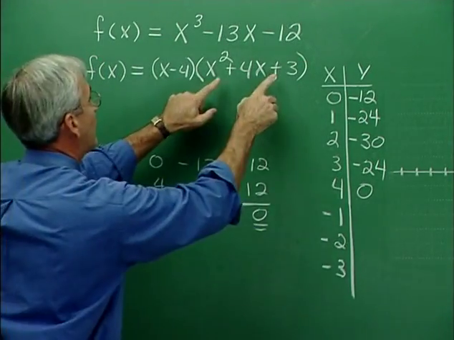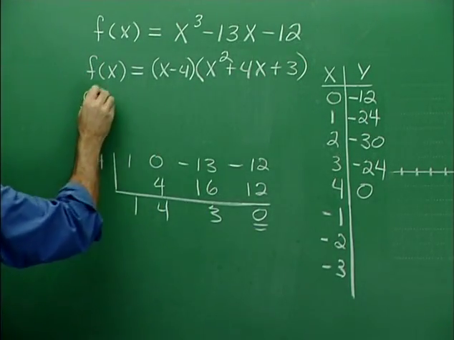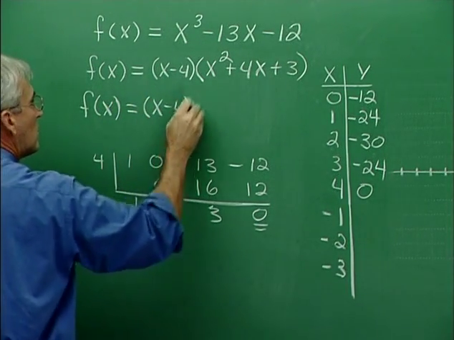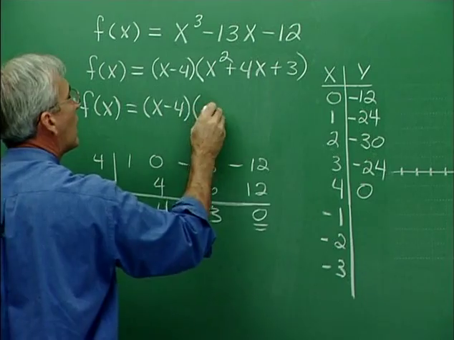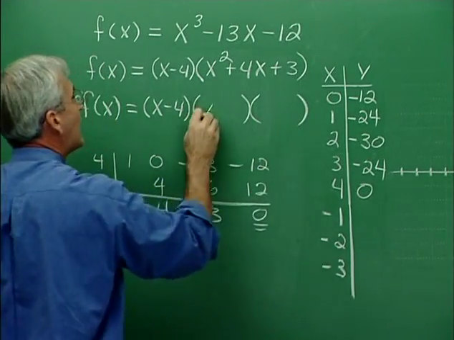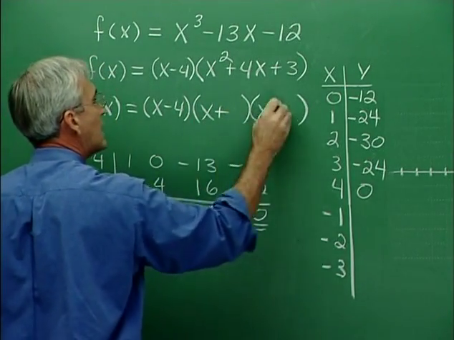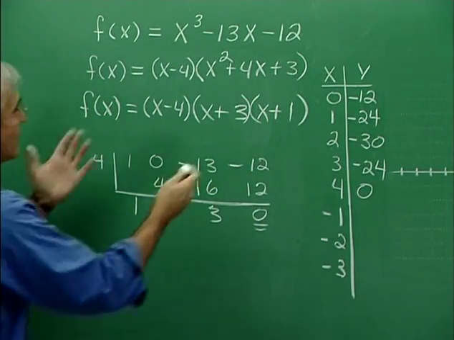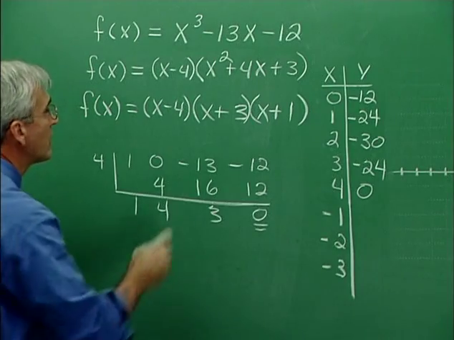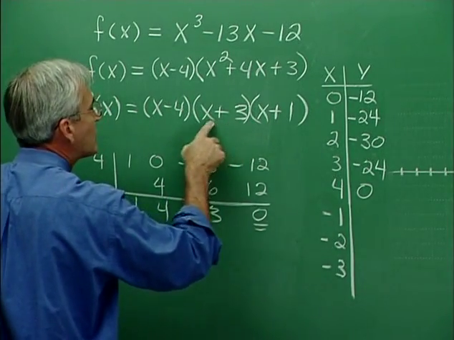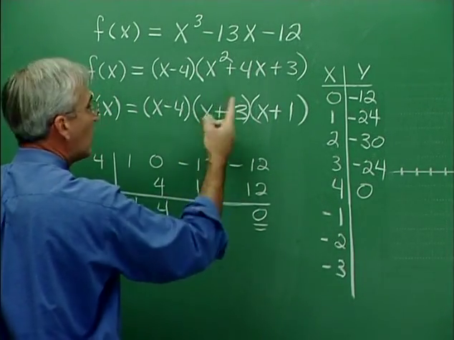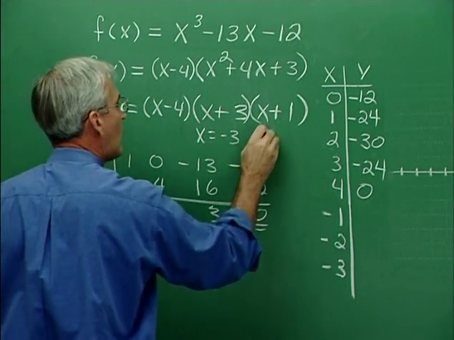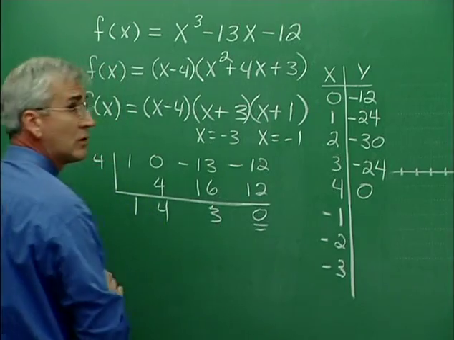And then I would look to factor this quadratic factor, and it does turn out to be factorable as, let's see, x times x for x squared, all signs are plus, factors of 3, the 3-1 combination. Oh, great, we've identified a couple more zeros here. When x is negative 3, this factor is 0. So x equals negative 3 is a 0, x equals negative 1 is also a 0.